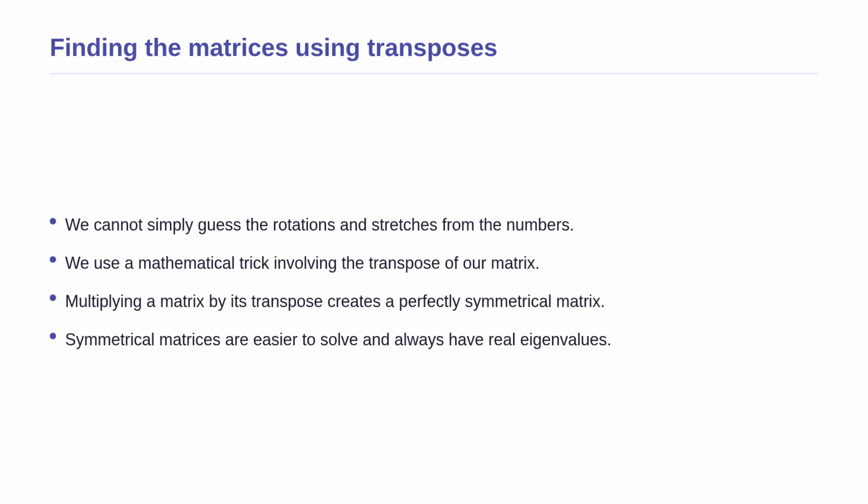By multiplying our original matrix by its own transpose, we create a new, perfectly symmetrical matrix. Symmetrical matrices are wonderful to work with because they are much easier to solve and always have real eigenvalues. This multiplication step is the key that unlocks the hidden rotations and stretches inside our original complicated matrix.